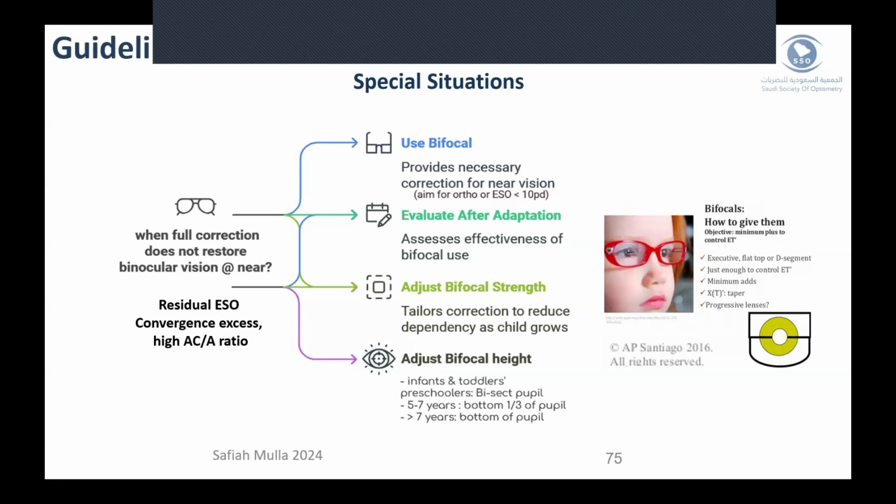And so on each visit, you should try to cut some of that add until you help the child get out of those glasses, or you want the child to develop the accommodation ability by himself. So if you give him a full correction or a full add, you will stop that accommodation and the child will rely only on that add. So you have to give a minimum add without seeing the esotropia at near.